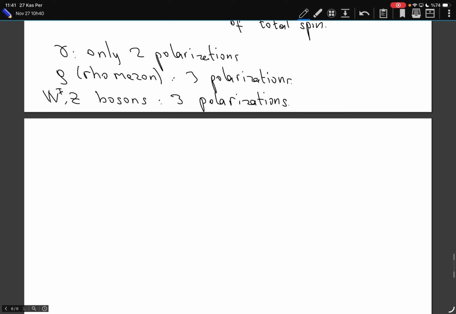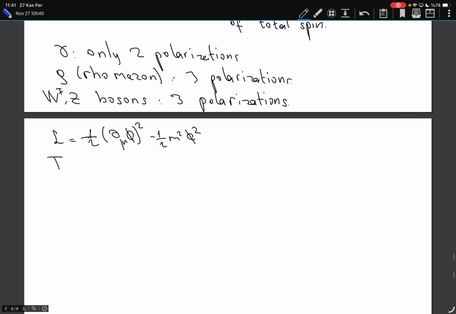Let's again go back to the scalar case. In the scalar theory, this was our Lagrangian density. Let's look at the energy density.